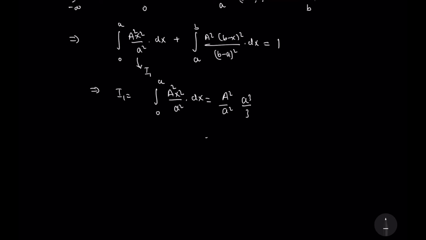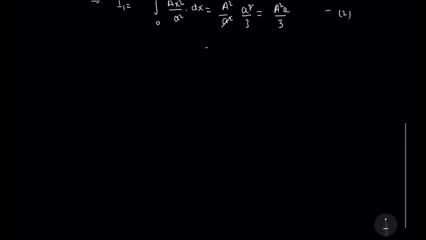So it will be a squared times a upon 3. Let me mark this as equation number 1, and this one as equation number 2. Now for this integral, let me take this part as I2.